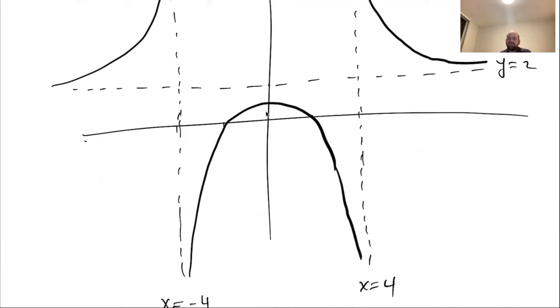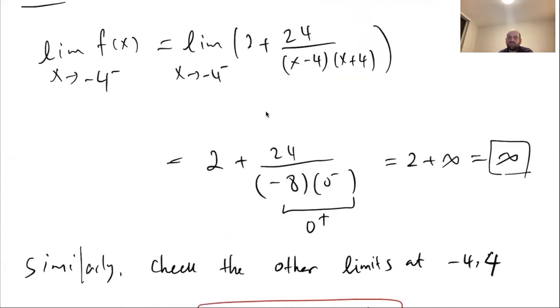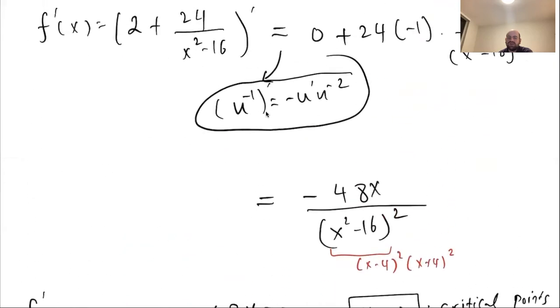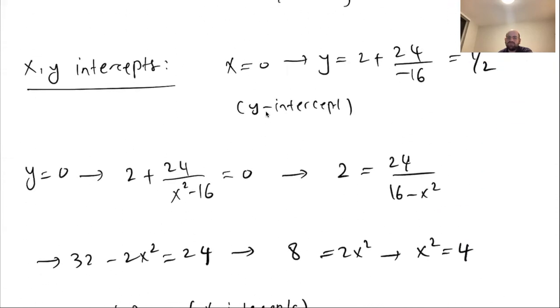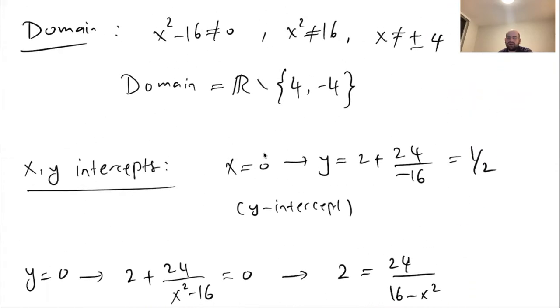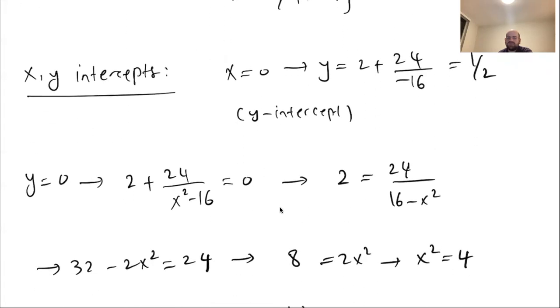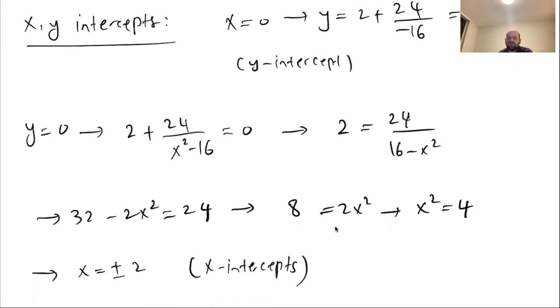At x equals 0, the y value was 1/2. We calculated this above, the y-intercept. See, y equals 1/2, and this is the y-intercept. The x-intercepts were plus and minus 2.